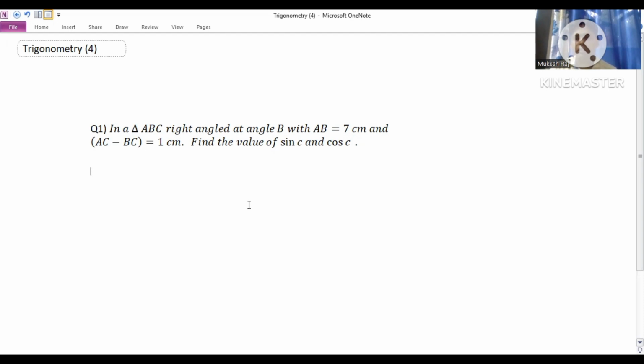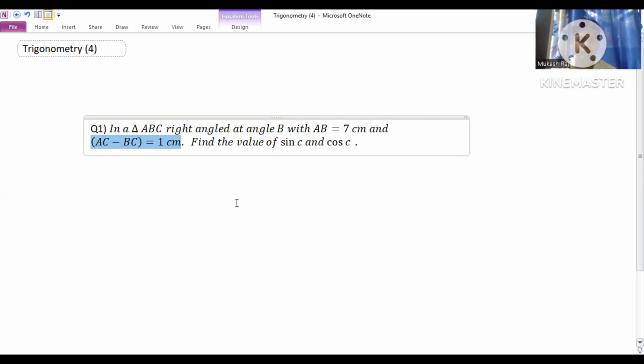So obviously, the triangle ABC is a right angle triangle and it is right angled at the vertex B with the given parameters where the side AB is given as 7 centimeters and the difference of the sides AC and BC equals 1 centimeter. Now the question says we have to find out the value of sin C and cos C.